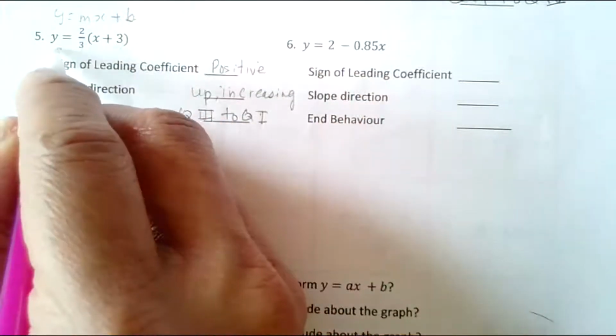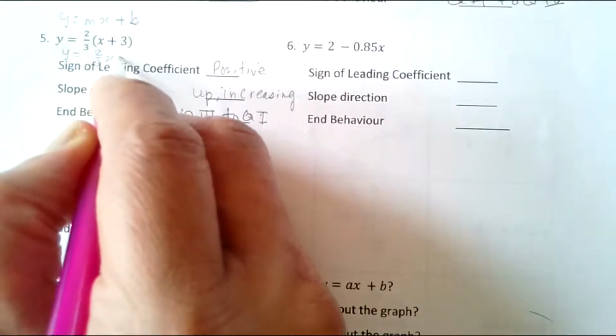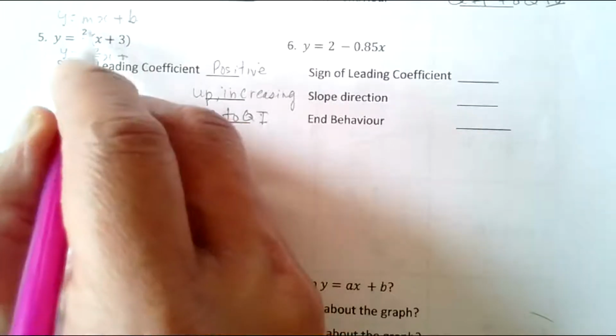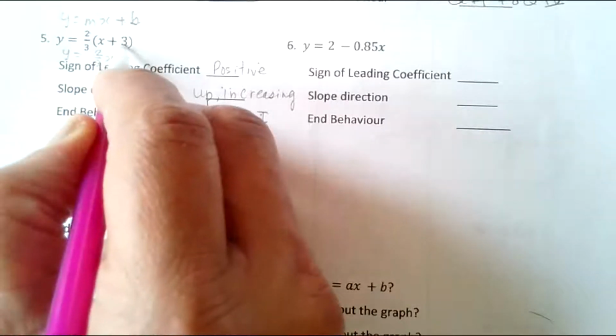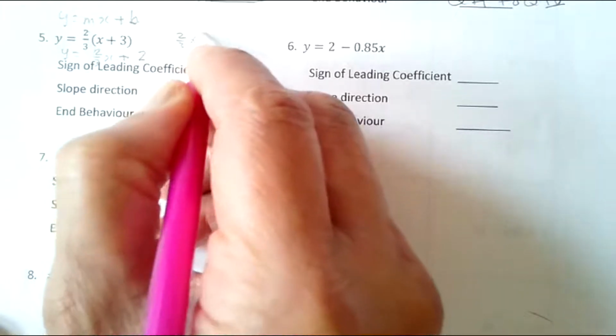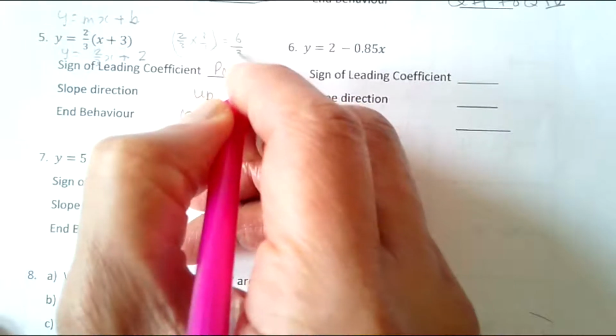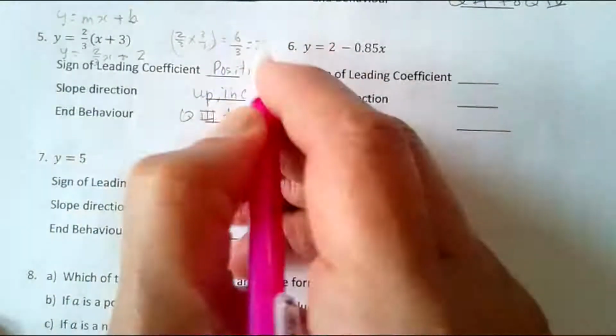So this will give me y is equal to 2/3 x plus 2/3 times 3, which will give me 2, because 2 times 3 over 1, which is 6 over 3, is equal to 2.